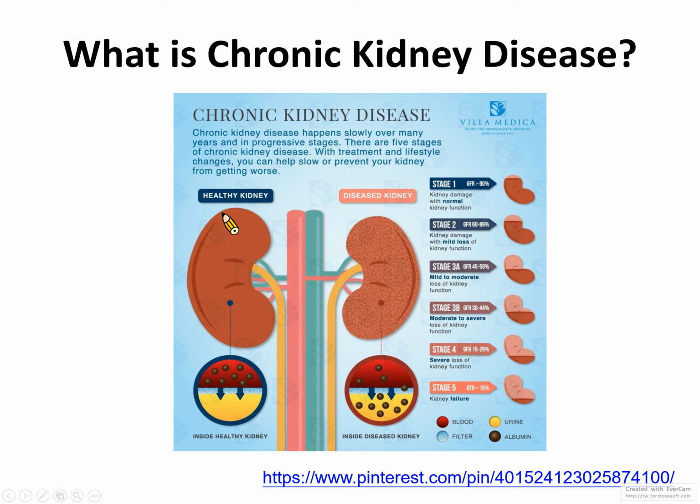The function of the kidney is generally to get rid of waste from our body, but at the same time also keep the essential nutrients inside our body, for example the proteins. Normally the proteins are kept inside our body because they are very important nutrition; we need proteins and amino acids to build our tissues and cells.